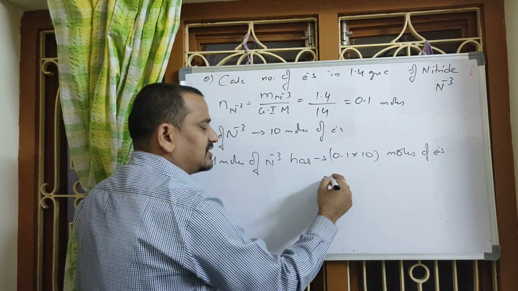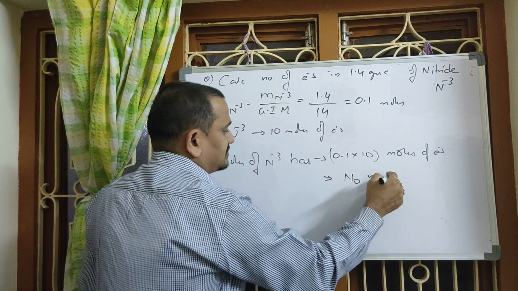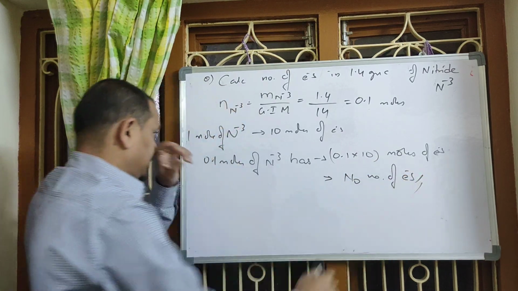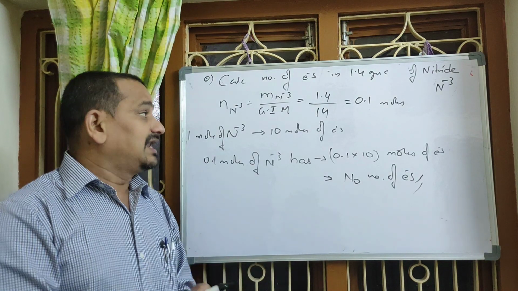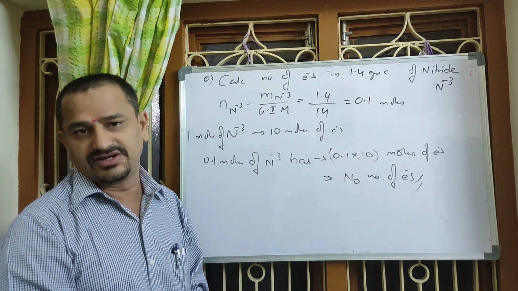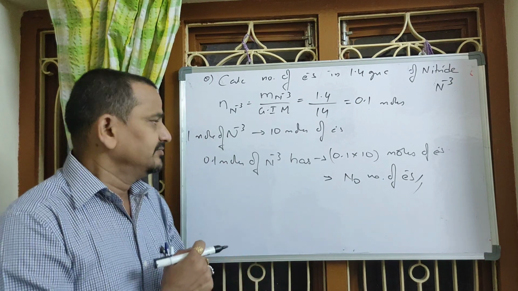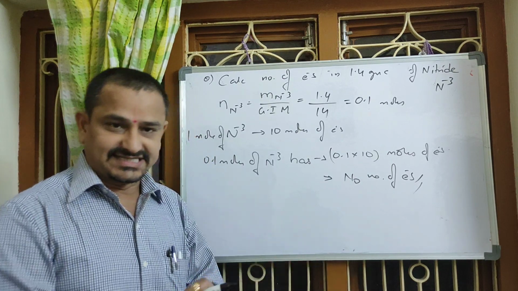As I said, mole means we always have to consider Avogadro number. It is Avogadro number of electrons. Right? These are some models. So such different models we have to practice. Numerous questions you have to practice, then you will get hold. This is about calculation of number of particles.